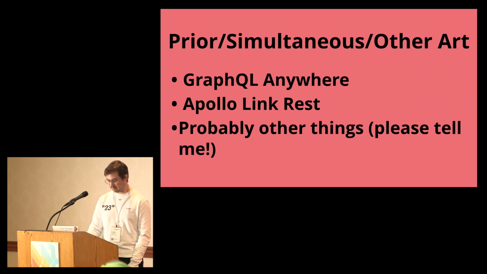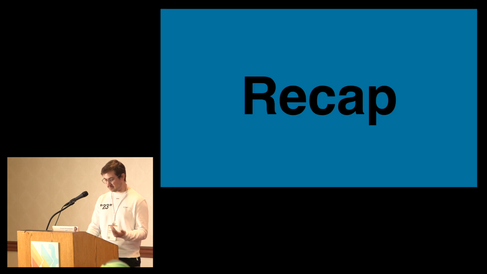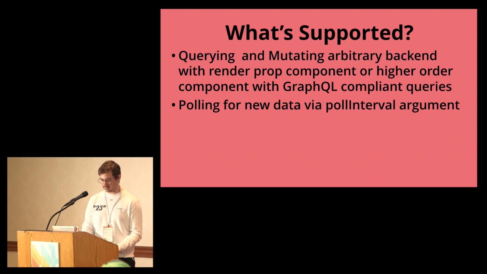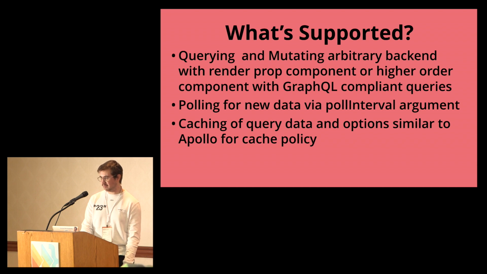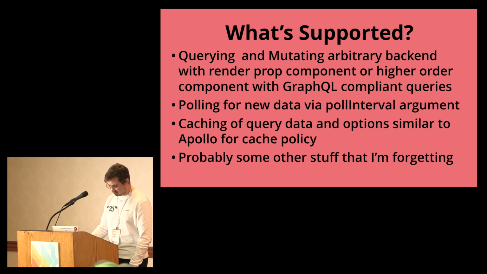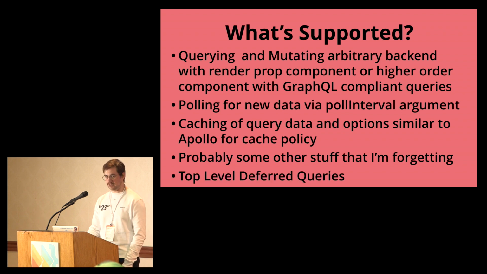So just to recap, you can query and mutate arbitrary backends, poll for new data with poll interval argument, caching very similar to Apollo, and probably other stuff that I wrote and forgot. Because if I write it after midnight, I don't remember that it's in the library. And then top-level deferred queries, which I think is one of the more interesting things, because query directives are a very powerful thing in GraphQL.